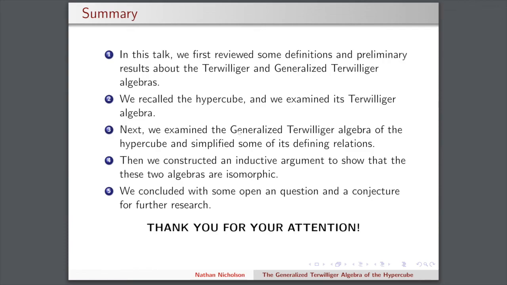I just want to make sure that the generalized Terwilliger algebra does not depend on the base vertex. Yeah, that's a great question because we sort of slide through that throughout the presentation. When we talk about the concrete T algebra, we do it all in terms of a base vertex.